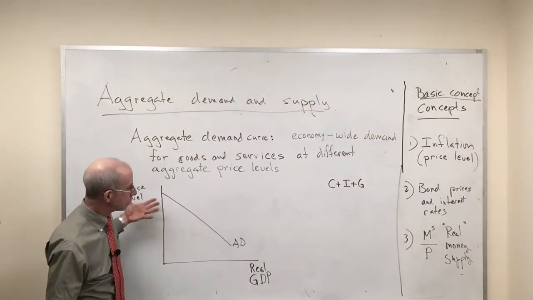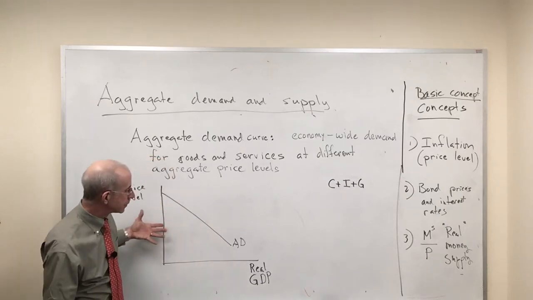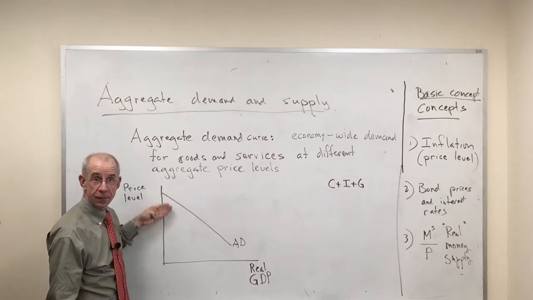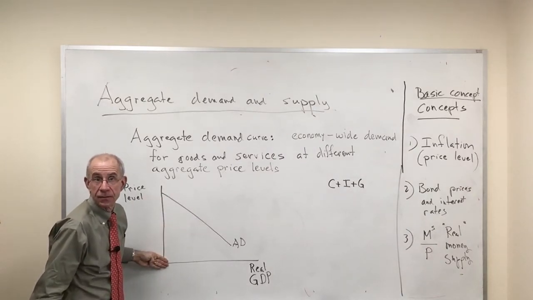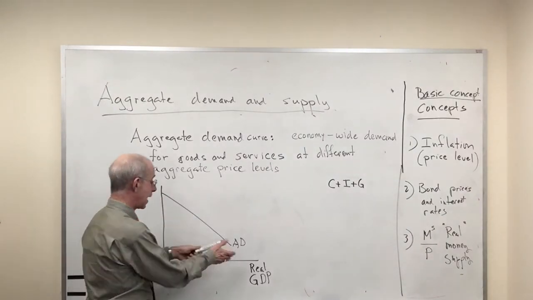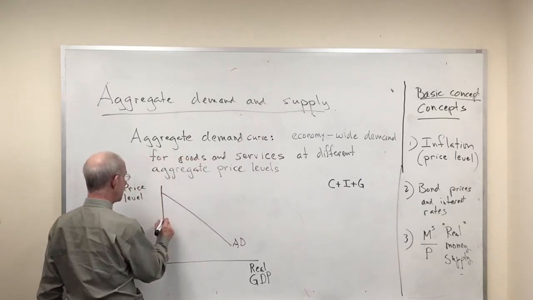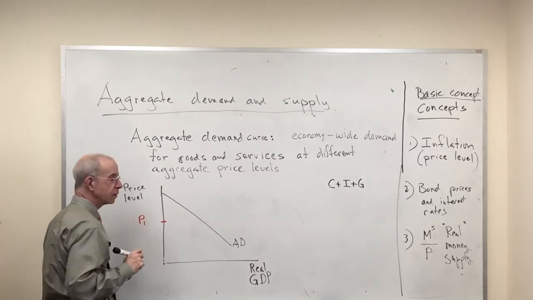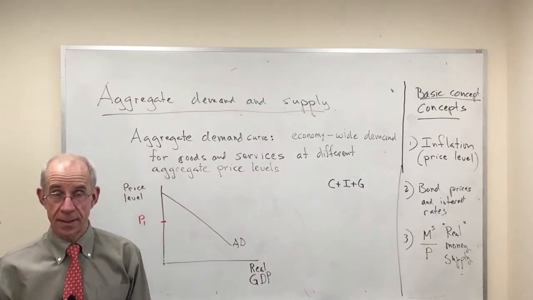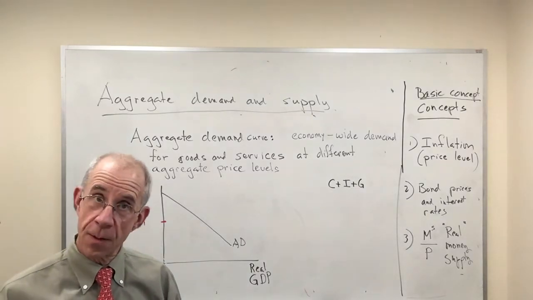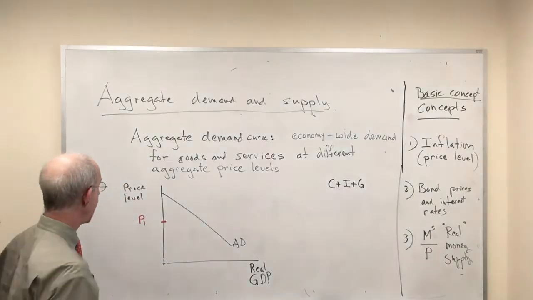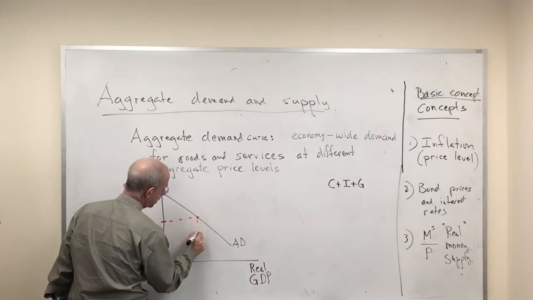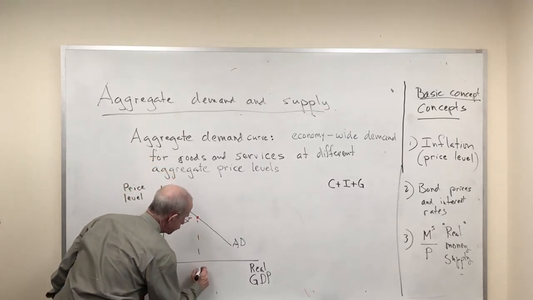So I want to have an idea about the relationship between this price level, which would be like the CPI index, and GDP. Let's imagine we've got some particular level of prices for the economy as a whole and an associated GDP.